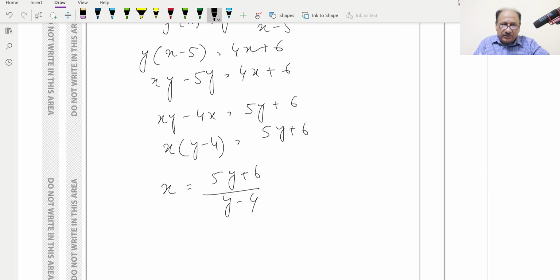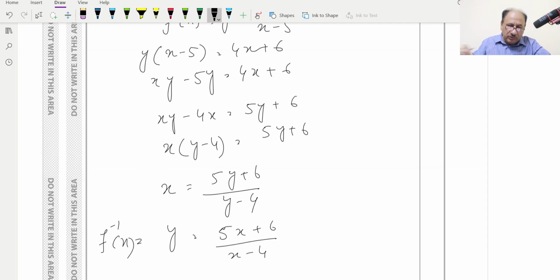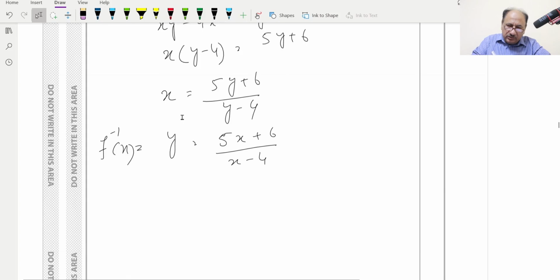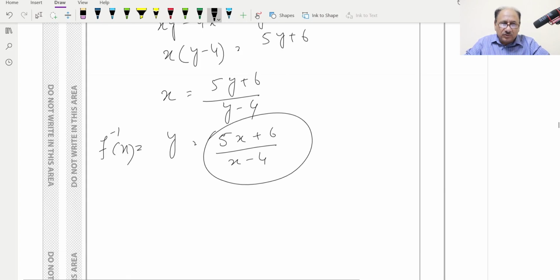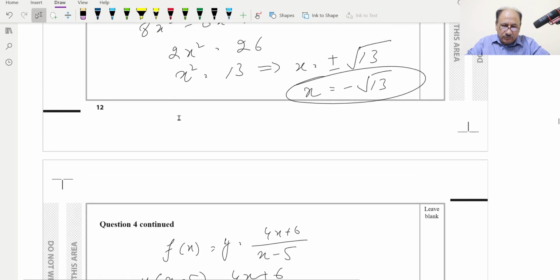This will be the x value, now we can swap: y is equal to 5x plus 6 over x minus 4, and this is f inverse of x. So f inverse of x is equal to this one. So this is what we found.